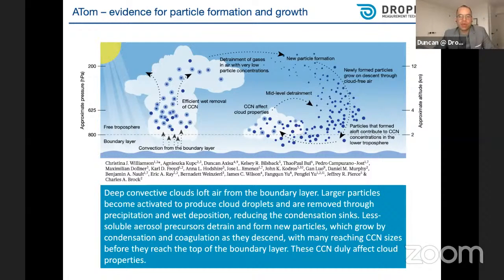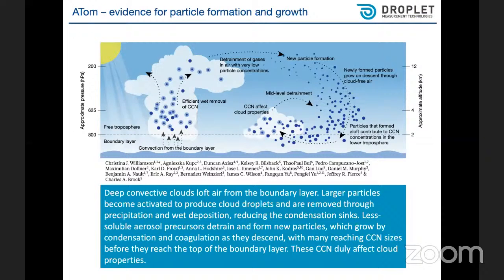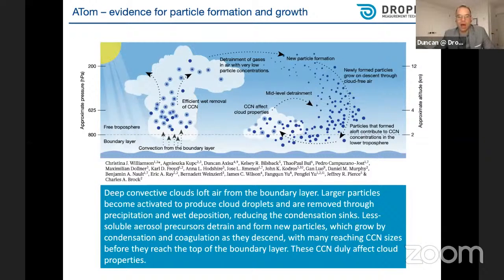We have contributed to the understanding of how particle formation in the upper troposphere contributes in producing these seed particles, to add aerosol mass in the boundary layer and seed clouds in the boundary layer, which could be relevant in certain regions.